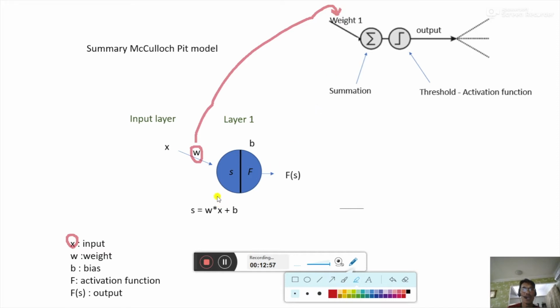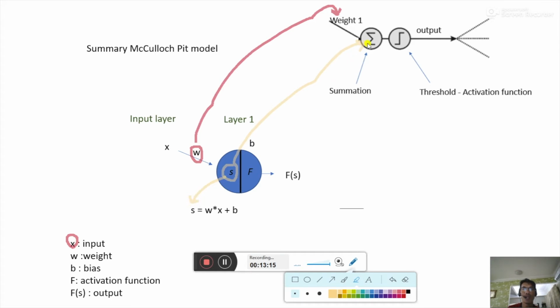Okay, and this S means summation, which is this one. This can be represented as this summation.